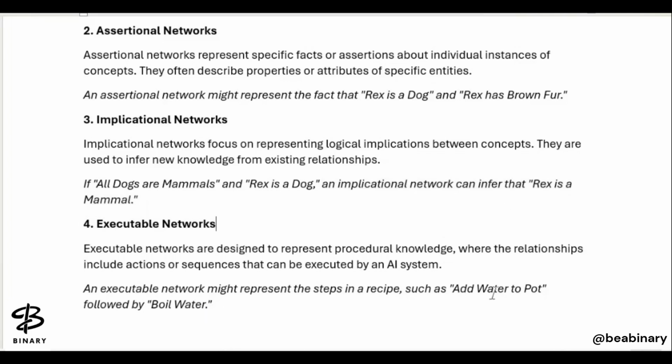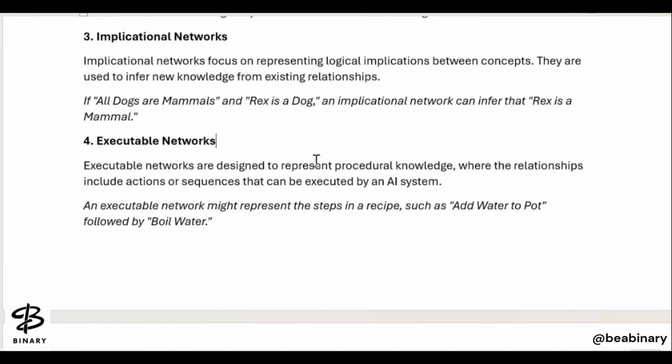Another semantic network, right? We are generating meaning. So what are executable networks? Executable networks are designed to represent procedural knowledge. What do you understand by procedural knowledge? The relationships include actions or sequences that can be executed by an AI system.